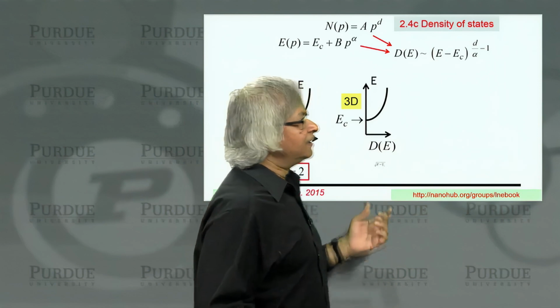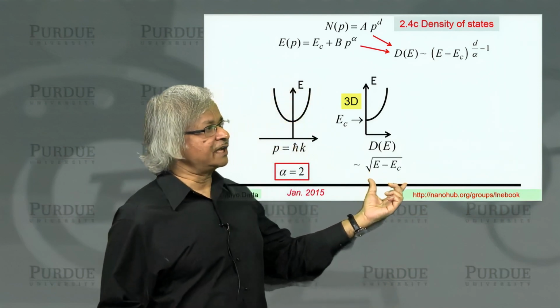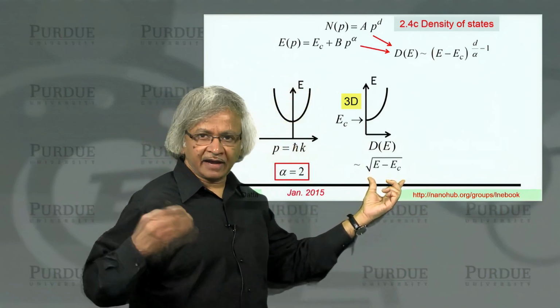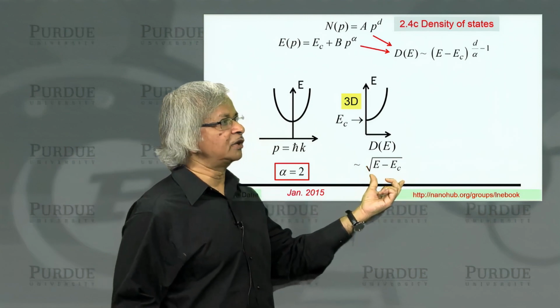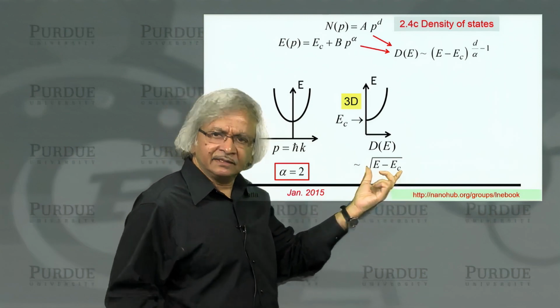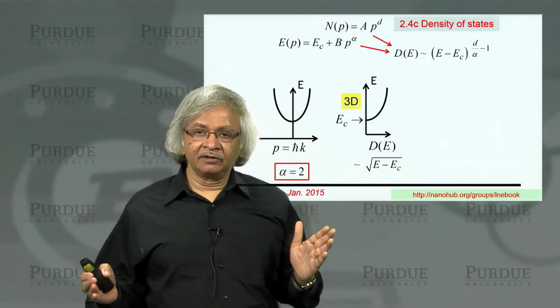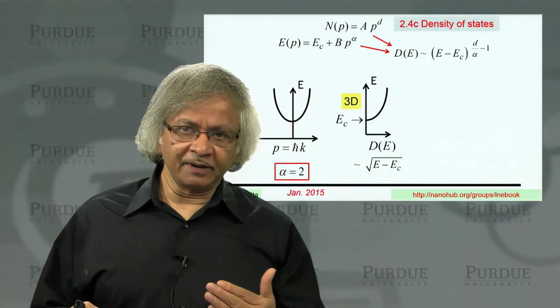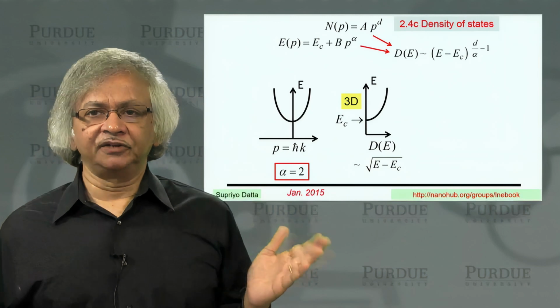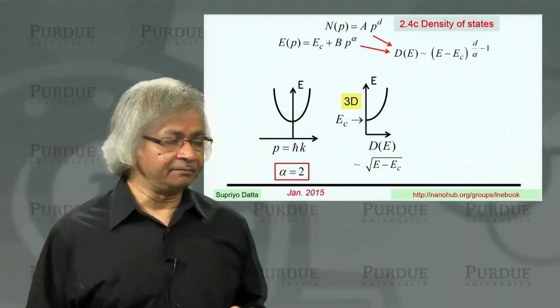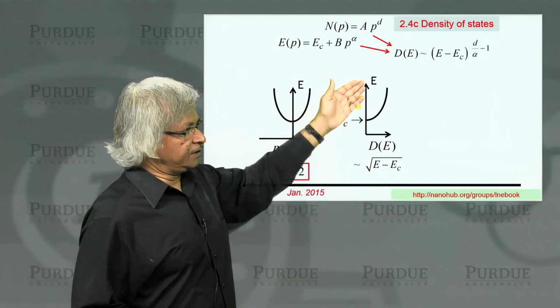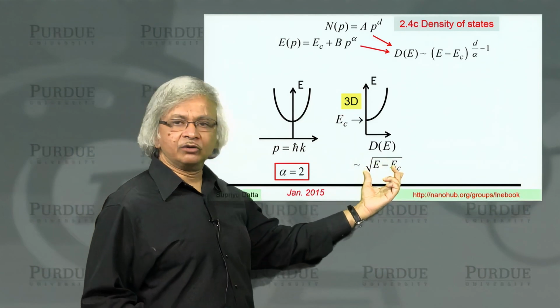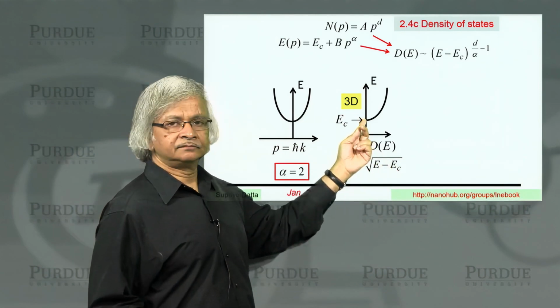And so the density of states looks like E minus EC to the power half, which is the square root of E minus EC. And this is the most common form that you'd see for density of states. It's this parabolic band, assuming a bulk 3D semiconductor, for example. And the density of states goes as the square root of the energy.